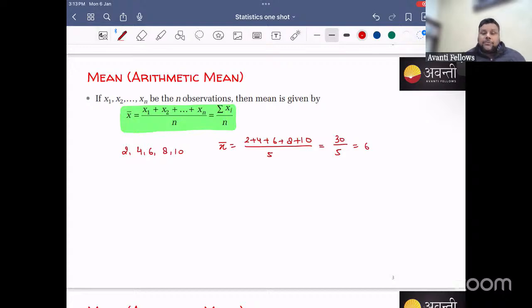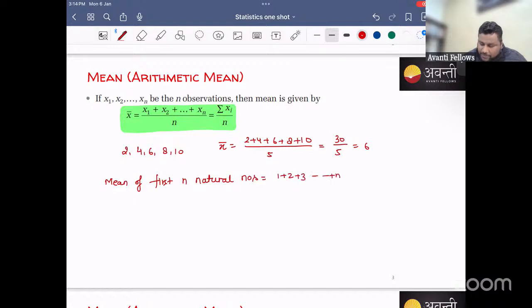Got it? A few things you should remember. The mean of the first n natural numbers is 1 plus 2 plus 3 up to n, whole divided by n. That is n into n plus 1 upon 2, whole divided by n. So it is n plus 1 upon 2.